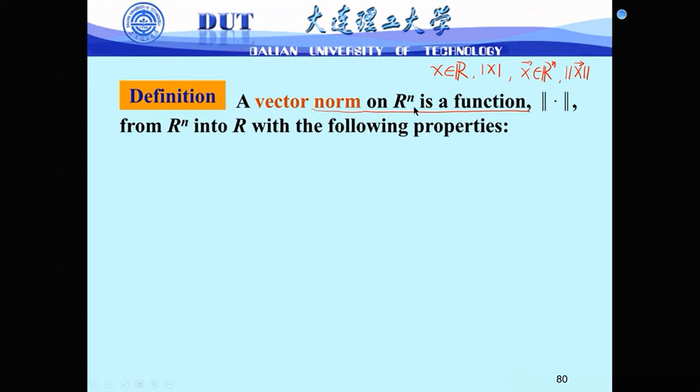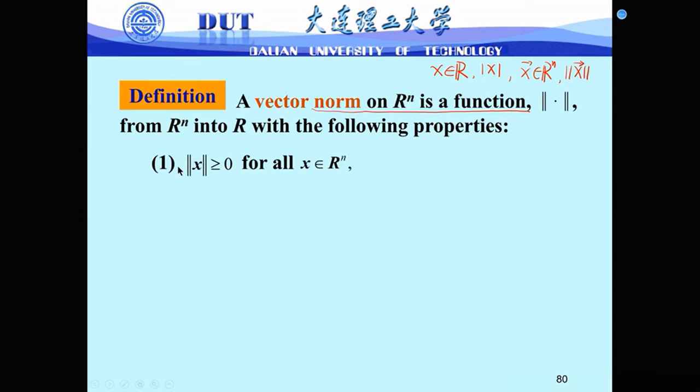Firstly, it is a function, but this function is special, from Rn to R. That means we just use a number to define the norm, with the following properties.